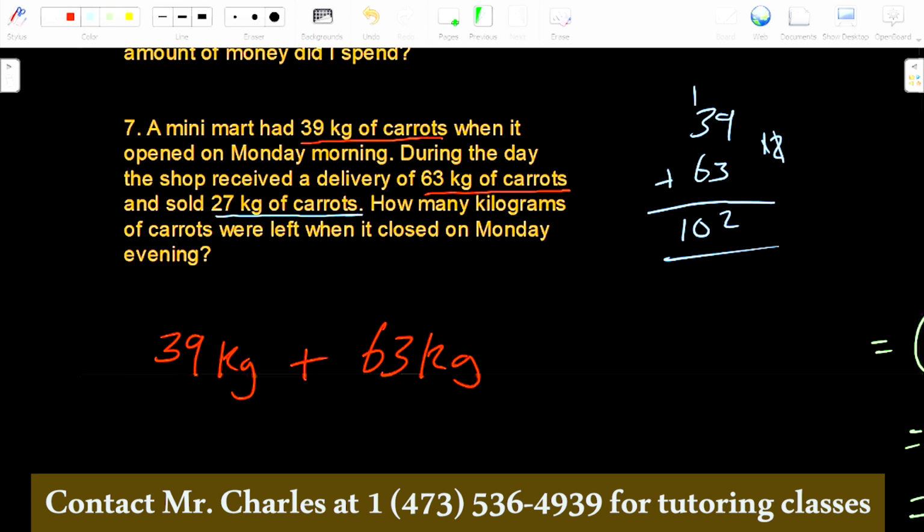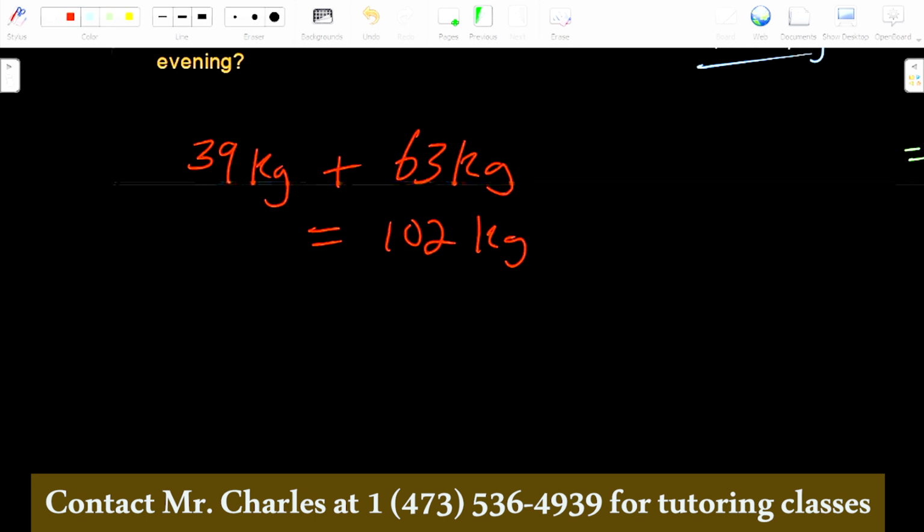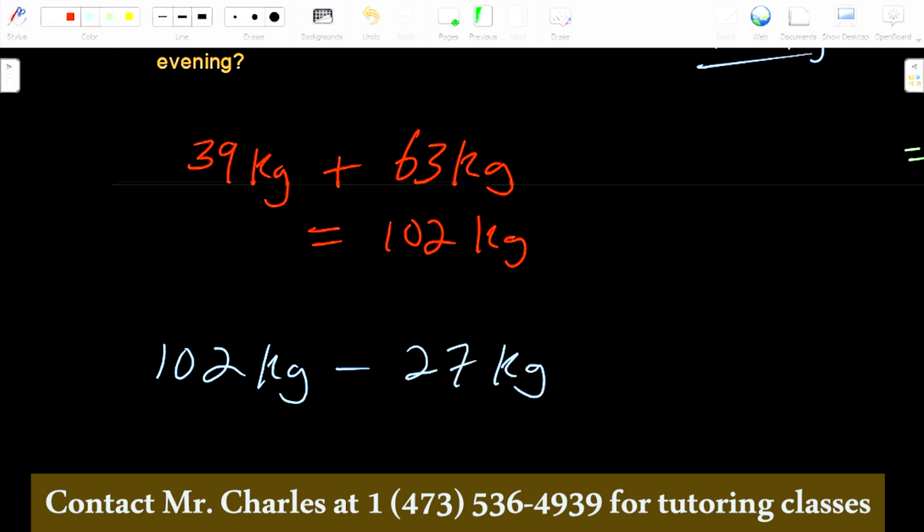So 102 kilograms as the total stock during the day. Out of that 102 kilograms of carrots, 27 kilograms was sold. So then you have to say 102 kilograms subtract 27 kilograms. That would give you your answer.